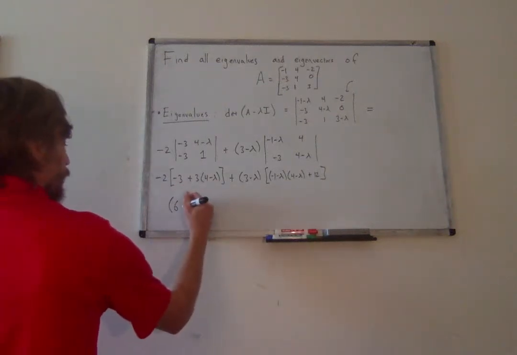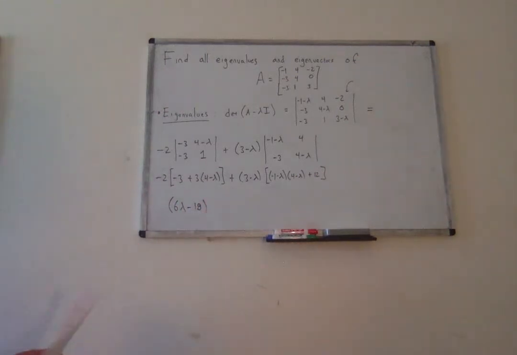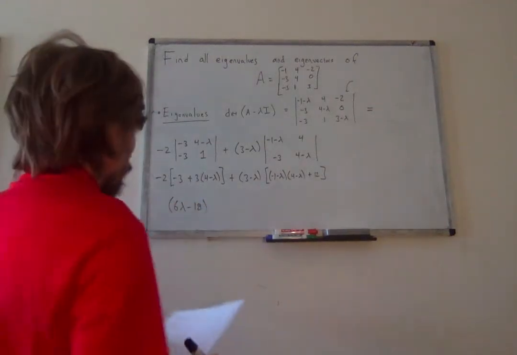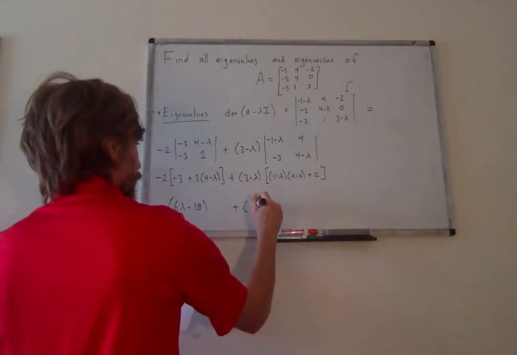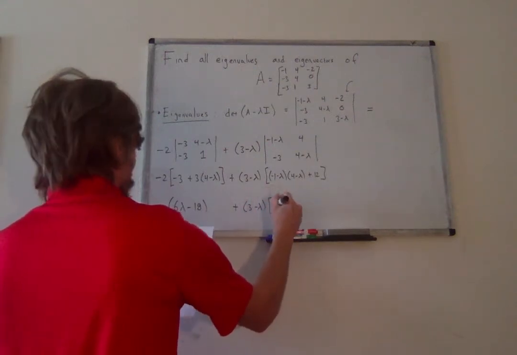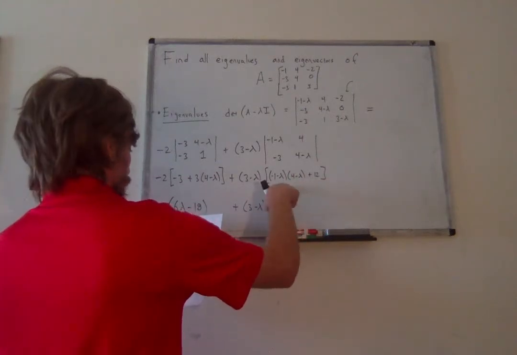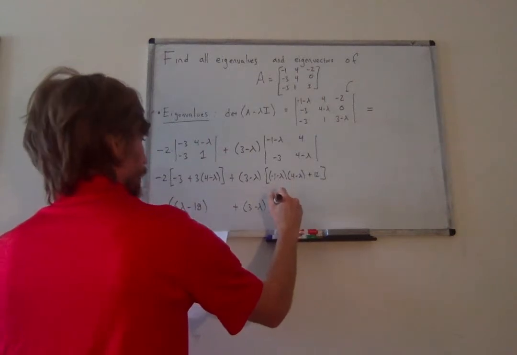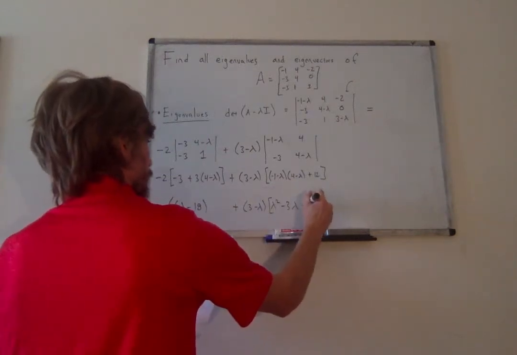Distributing the 2, this term becomes 6 lambda minus 18. We're distributing -2. Working out the inside of this equation, we get 3 minus lambda times, so after working all of this out, you get lambda squared minus 3 lambda plus 8.